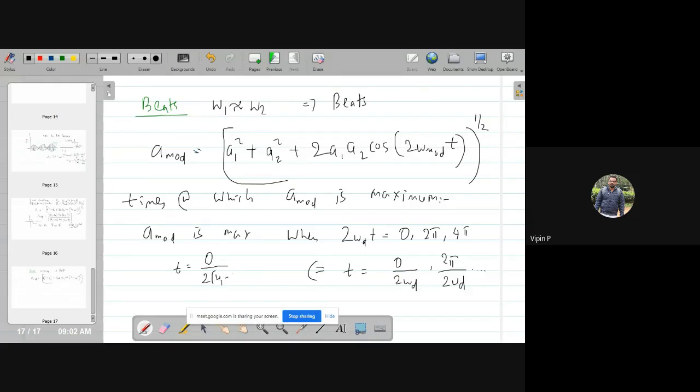Or which is to say that at t is equal to 0, and so on. That's the initial value that I don't have to consider. Here it should be pi.